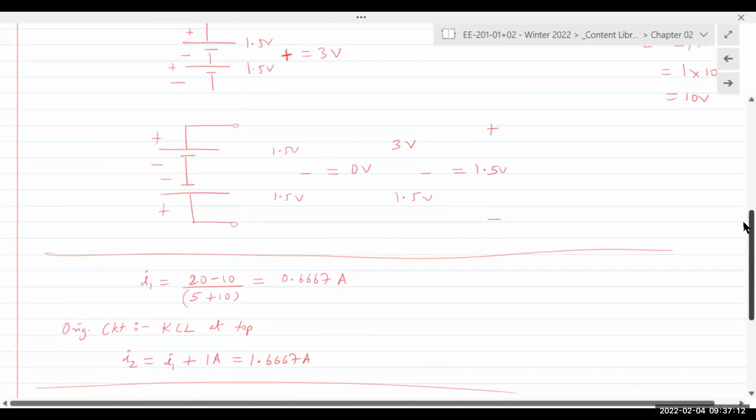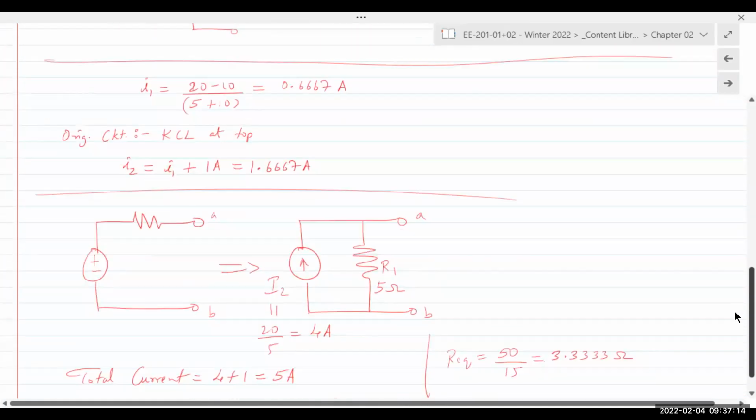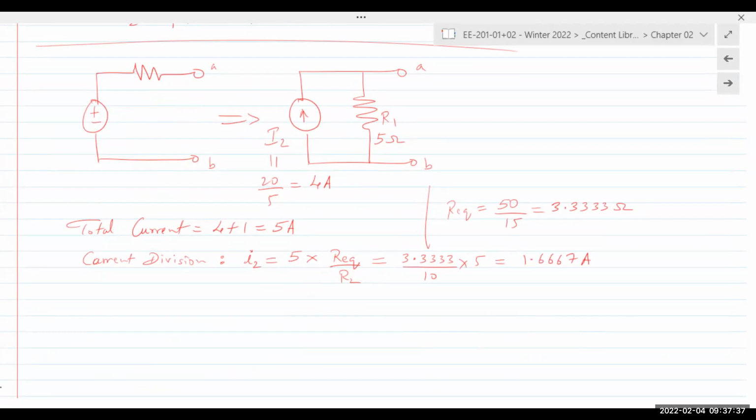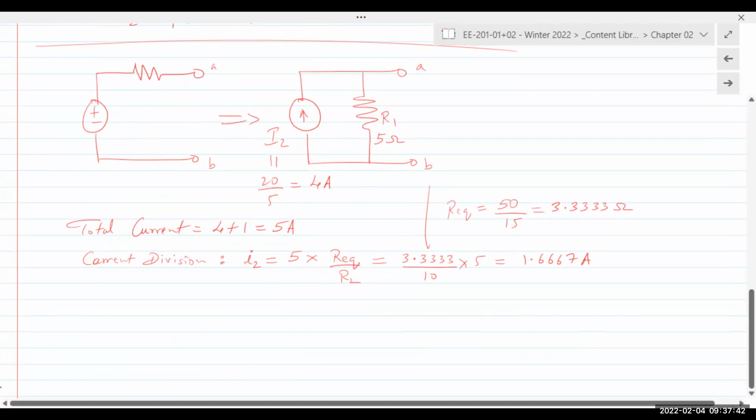So 5 times 50 divided by 15, divided by 10, I get 1.6667 amps, the same as what we obtained earlier. Make sense? I2 is the same. Does everyone see the process? Any questions?